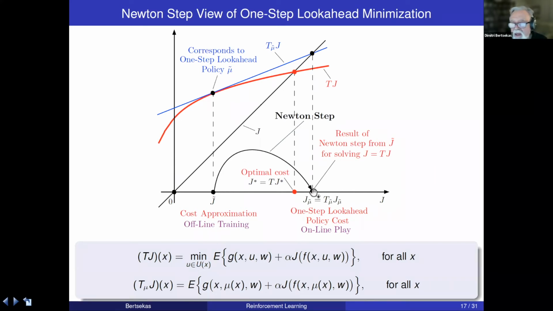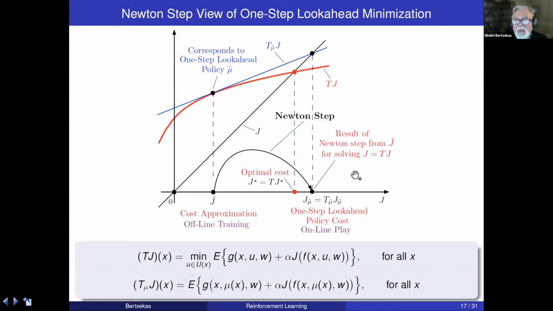And the idea here is that Newton steps are very effective if j tilde is close to j star. And the closer they are, the closer j mu tilde is going to be to j star. If j tilde is within the region of convergence of Newton's method, then you have an excellent prospect for obtaining a good look-ahead policy.